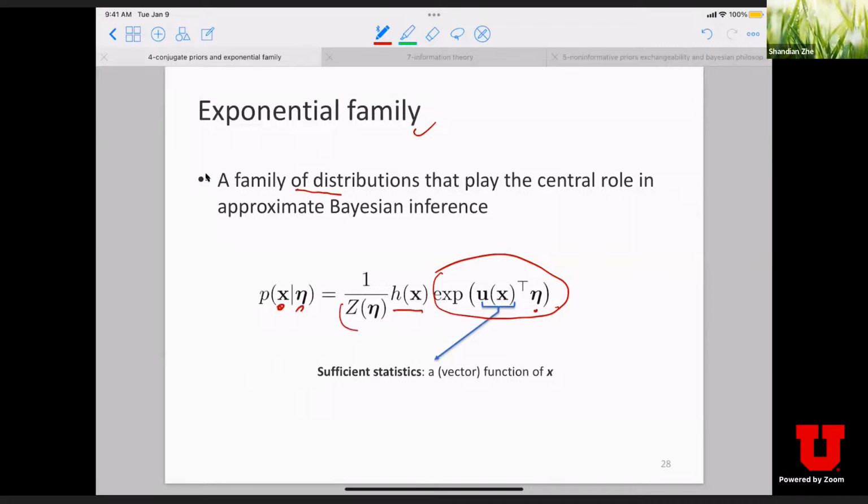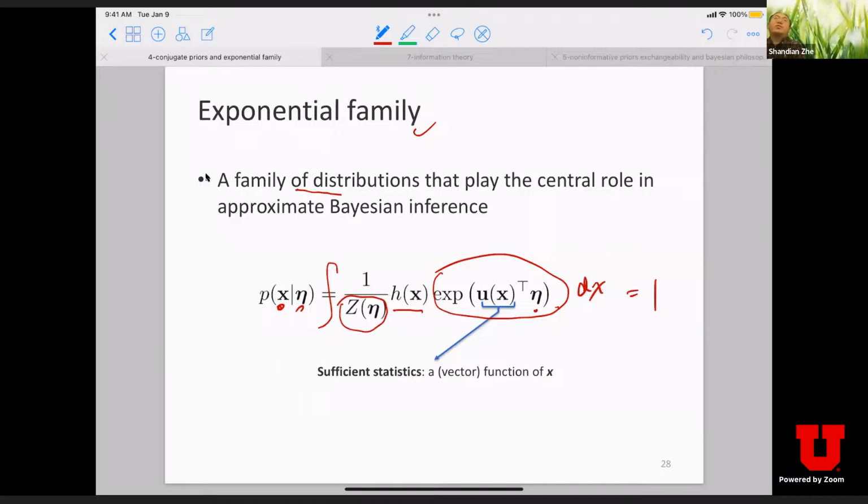Then if we take a look at z of eta, what is its role? Yes, normalizer. I need to ensure that if I integrate the density over x, this integration should be 1.